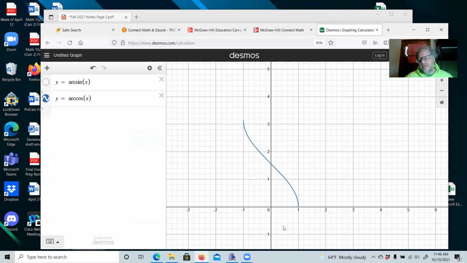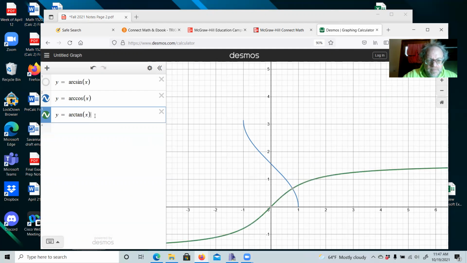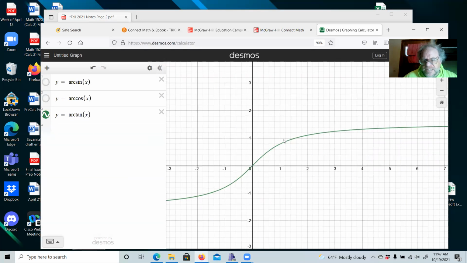Tangent is cool. Inverse tangent. Here's what inverse tangent looks like. If you remember, tangent has an asymptote at negative pi over 2 and positive pi over 2.